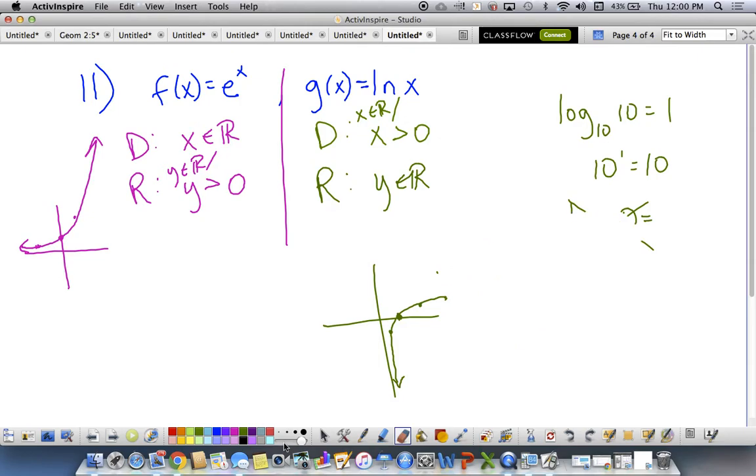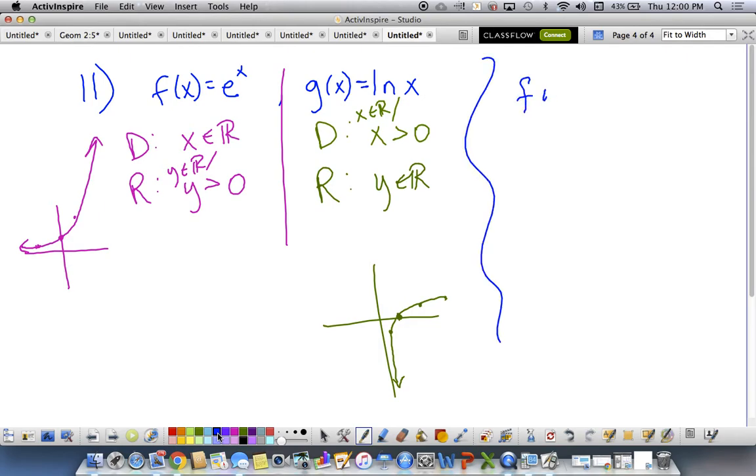So how does doing this help me find the domain of f of g? It'll have the restricted version of both.